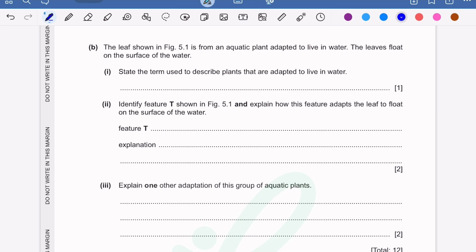The next question says, the leaf shown in figure 5.1 is from an aquatic plant adapted to live in the water. The leaves float on the surface of the water. State the term used to describe the plants that are adapted to live in water. So we know that plants that are adapted to live in water are called hydrophytes.